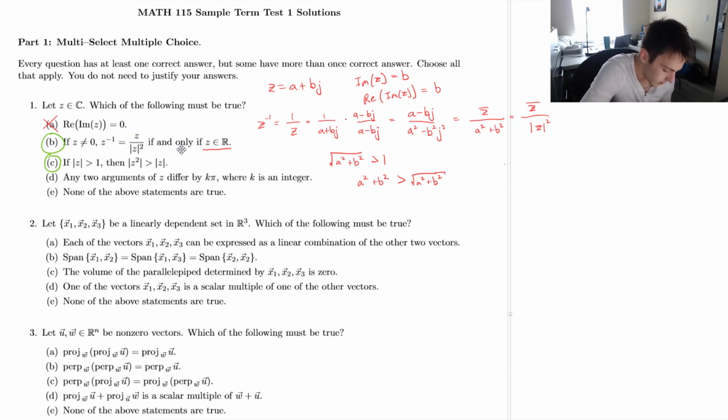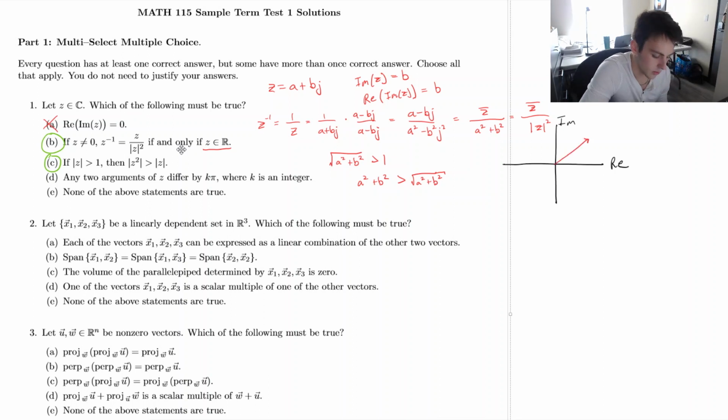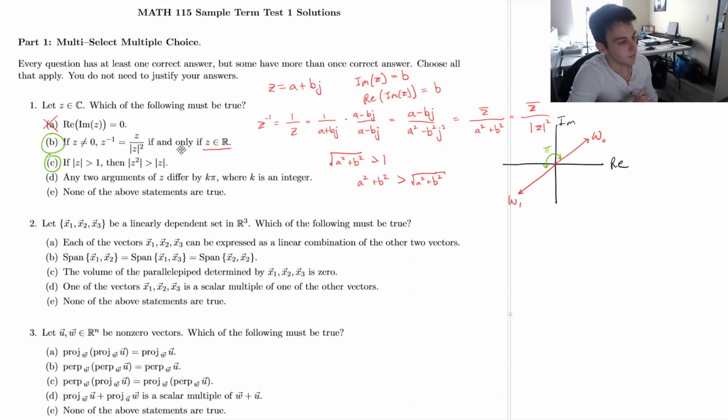If we have an Argand diagram here, with the imaginary axis and the real axis, and we were taking the second roots of some complex number, and we have w naught here and then the other value here, then we see that they do differ by pi. It makes sense when we're talking about the second roots because they need to be equally spread out around the Argand diagram, over a 2 pi revolution.